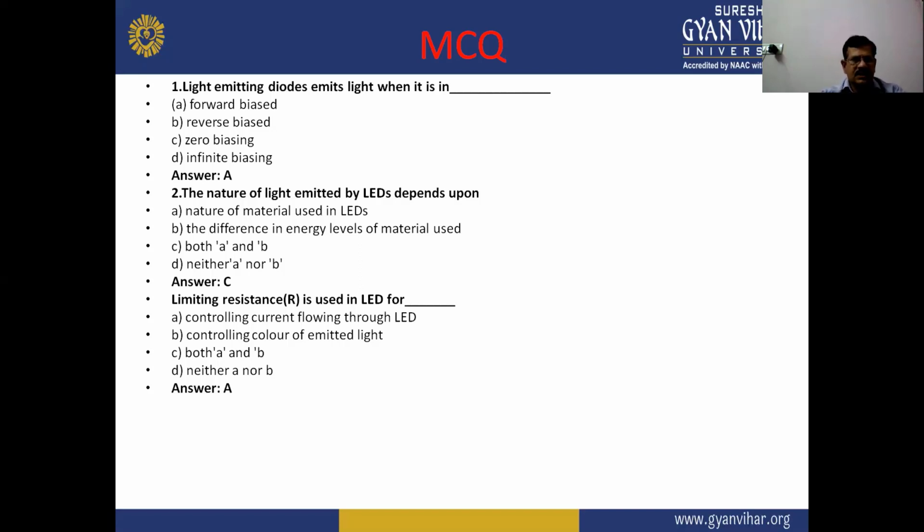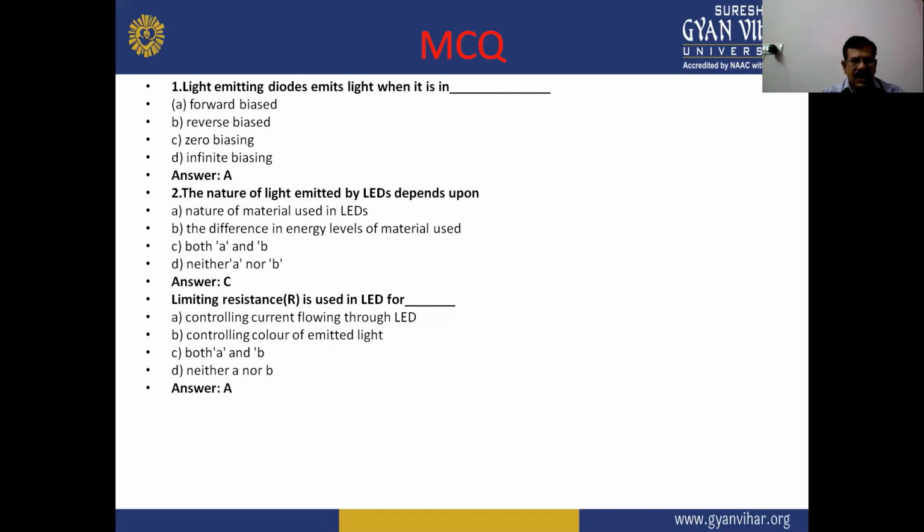Question number three: limiting resistance R is used in LED for. So what is the role of resistance in the LED? Option A, controlling current flowing through LED. Option B, controlling color of light.